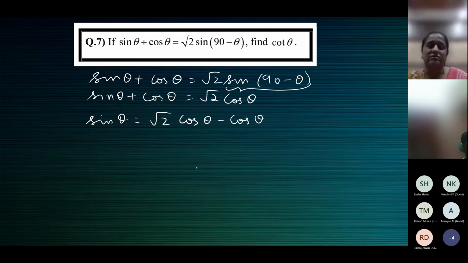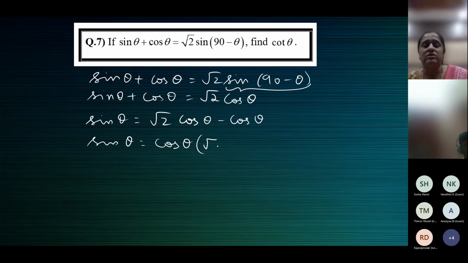The idea is, they're like terms, meaning both are in terms of cos theta. So let's see what we can do with that. Sine theta is equal to, you can take out cos theta common. And in the bracket, root 2 minus 1.